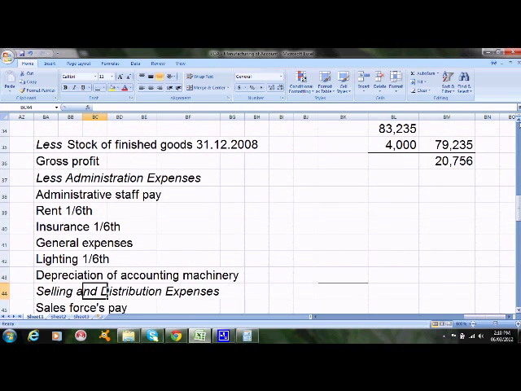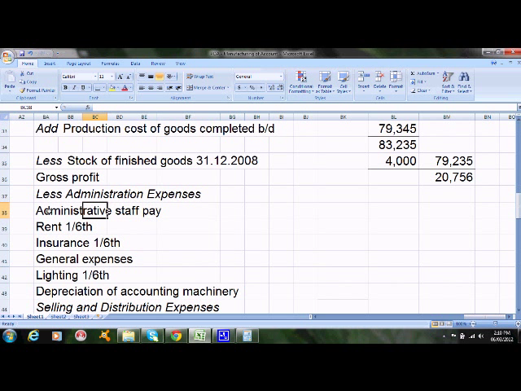Now, first things first, what is administrative staff pay? That comes from the trial balance. This administrative staff pay is 4,400. Then rent, as we said before, 1/6 of the rent is 200. Then 1/6 of insurance is 70.